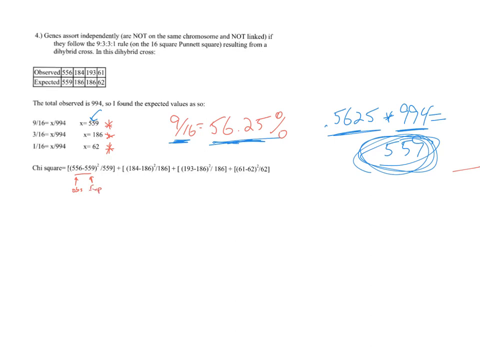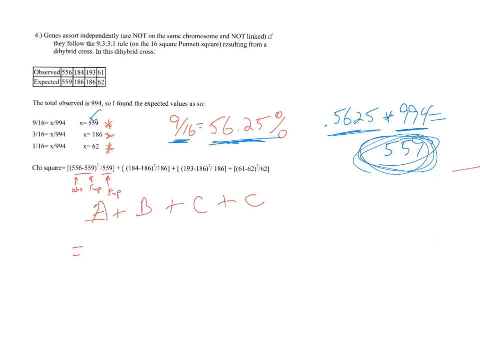And you're dividing by 559 because that's your expected. Over and over again, you do it, and you're summing up each of these, and you're getting a value, and that value is your chi-square.